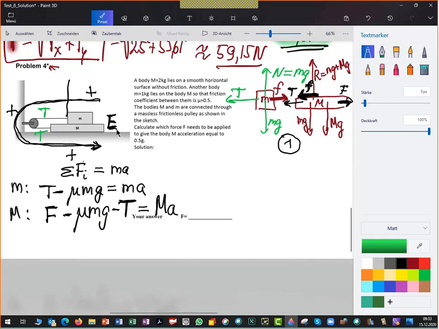Some of you may ask why it is mu m small g here, not mu m large g. If you think about this, you would agree that it must be mu m small g, because it is not the weight of the bigger object that is related to the friction force. Since there is no friction between the large body m large and the background, there is no friction here.